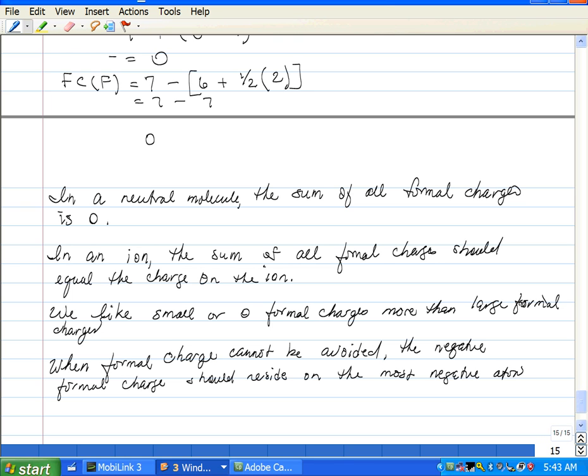When formal charge cannot be avoided, the negative formal charge should reside on the most negative atom.